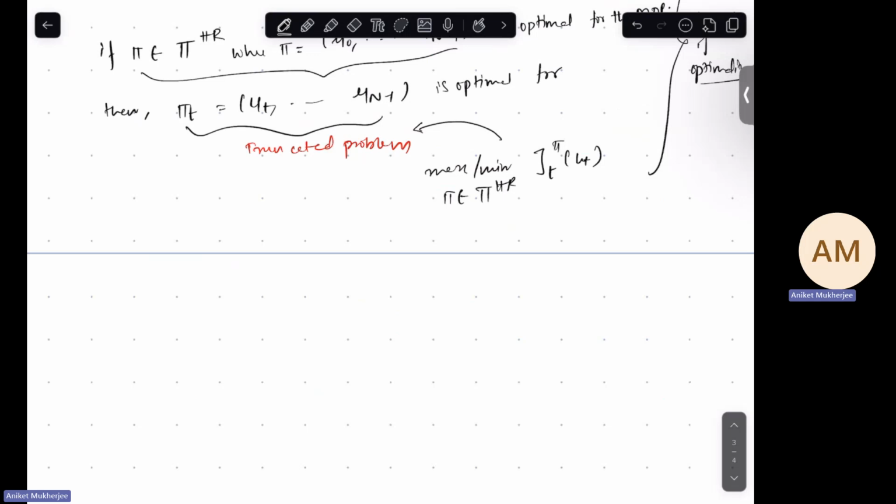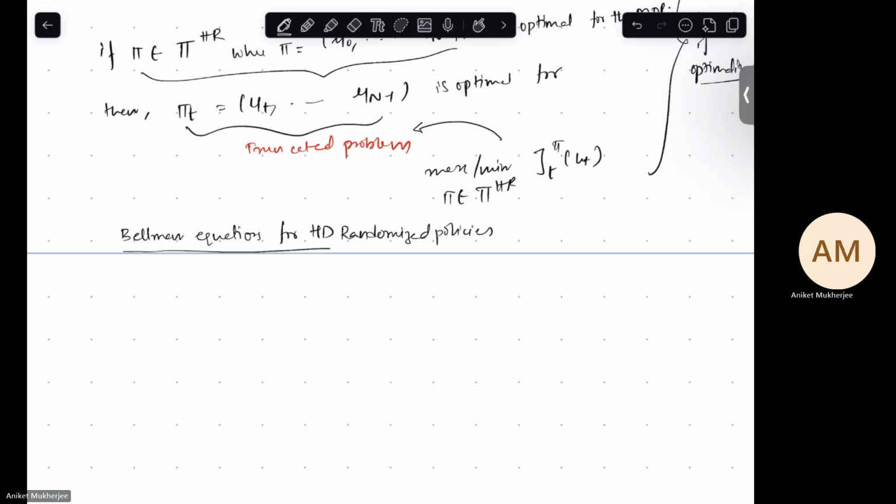So let me write down the Bellman equations for history dependent randomized policies. Okay.